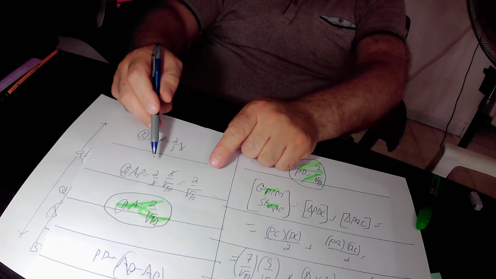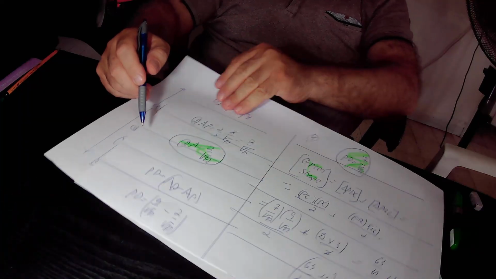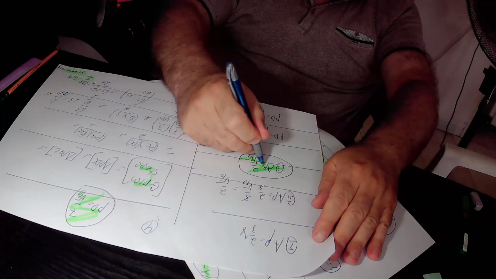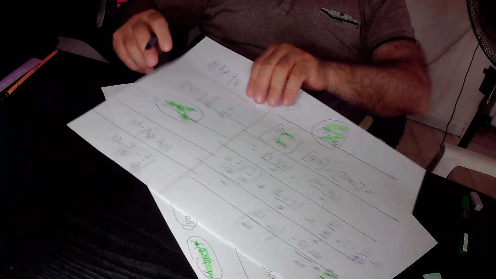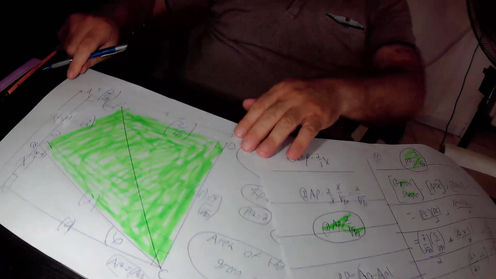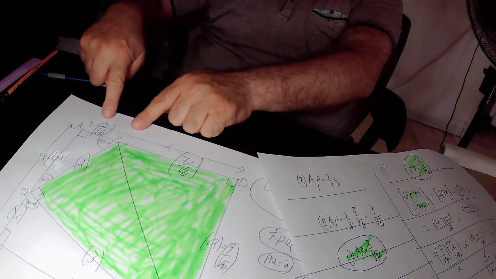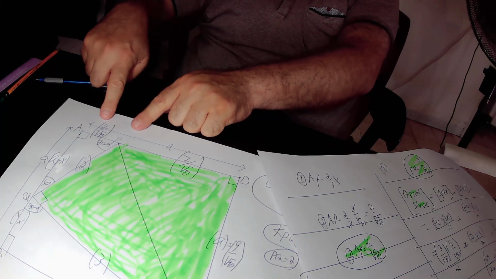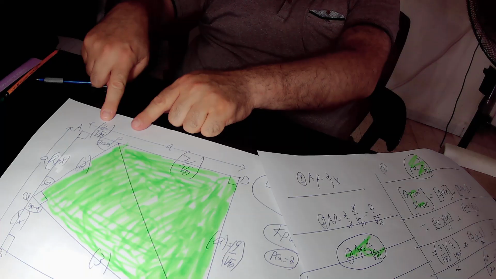So in total, we found out that AP equals 2 over the square root of 10 units in its length. Again, AP equals 2 over the square root of 10 units in its length.